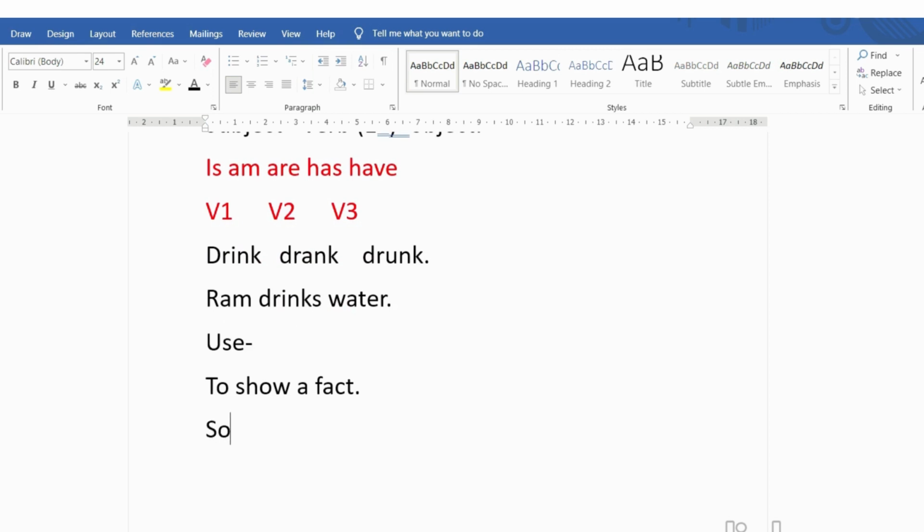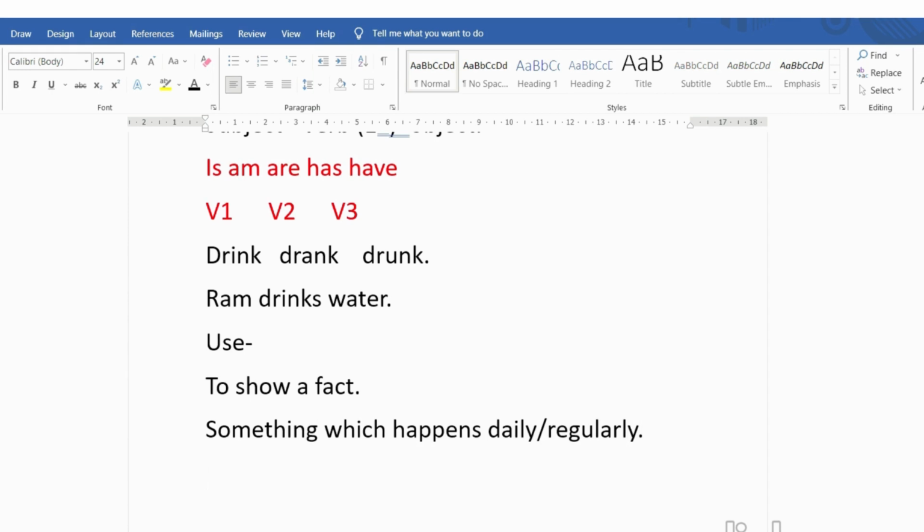Second thing, something which happens daily or regularly. It happens now also, it happens regularly, daily. Okay, or a habit. So here are the places where we use simple present tense.